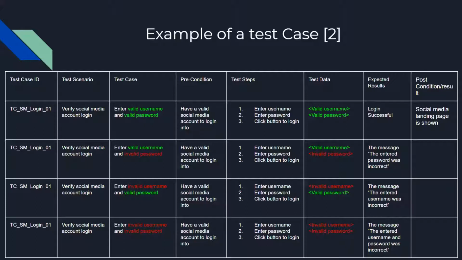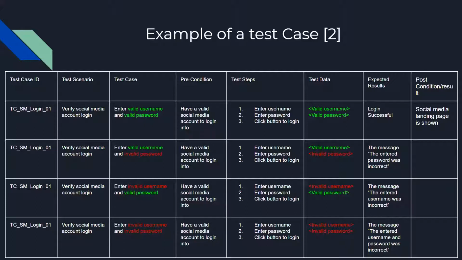Finally, we identify what we expect the results of the test to be, and then in the last column right, what the actual results of the test are. So we're able to see going from the far left column to the far right column, the different test cases create the different post conditions.